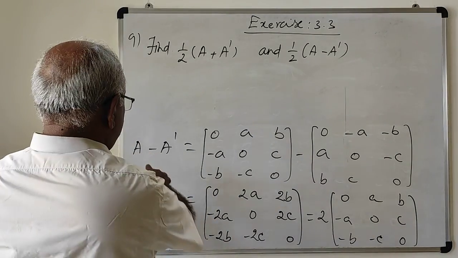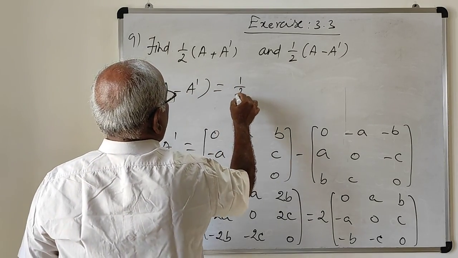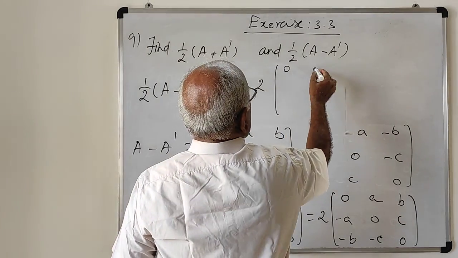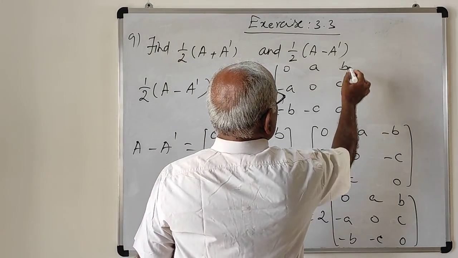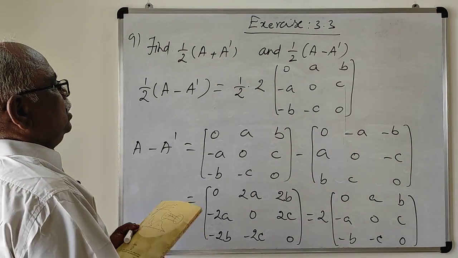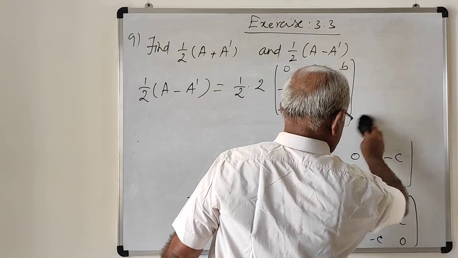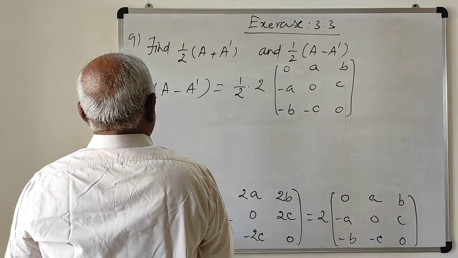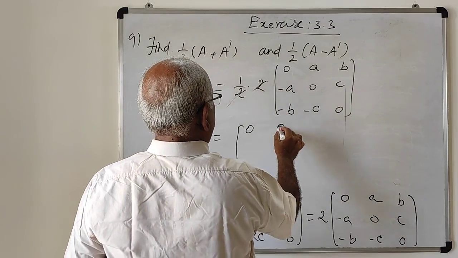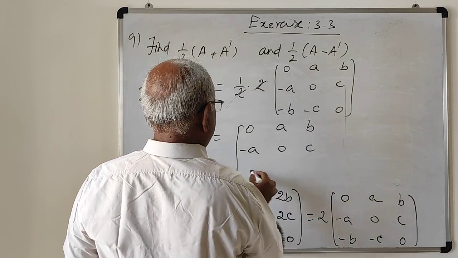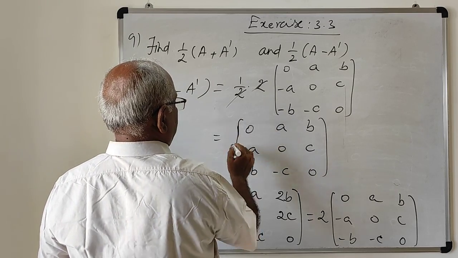We derived that A minus A dash is 2 times the matrix 0 a b, minus a 0 c, minus b minus c 0. So half of A minus A dash equals half into 2 times that matrix. Cancelling 1 by 2 into 2, you get just the matrix 0 a b, minus a 0 c, minus b minus c 0.